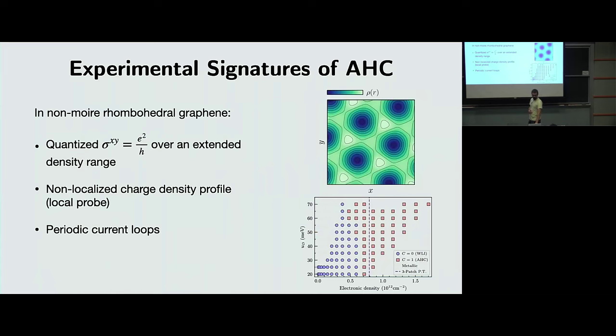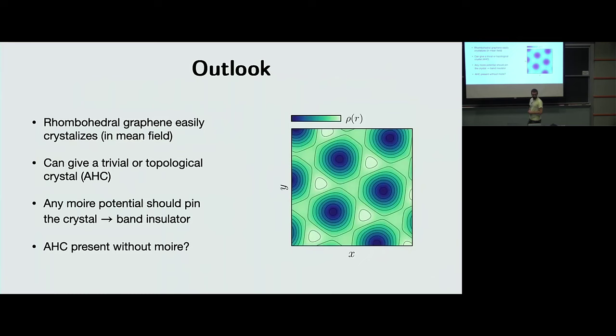Okay, so let me then conclude. It's a little bit early, I guess. We have seen that at least at mean field level, and unless I specifically said otherwise, everything here has been at mean field level, that rhombohedral graphene easily crystallizes, that there is a tendency towards crystallization because of the very flat band minimum and the very large amount of Berry curvature present in the system.